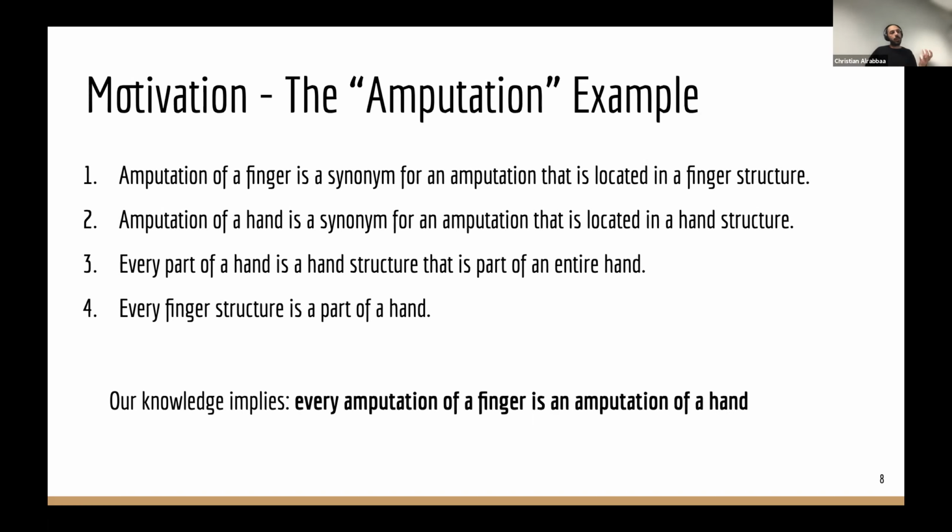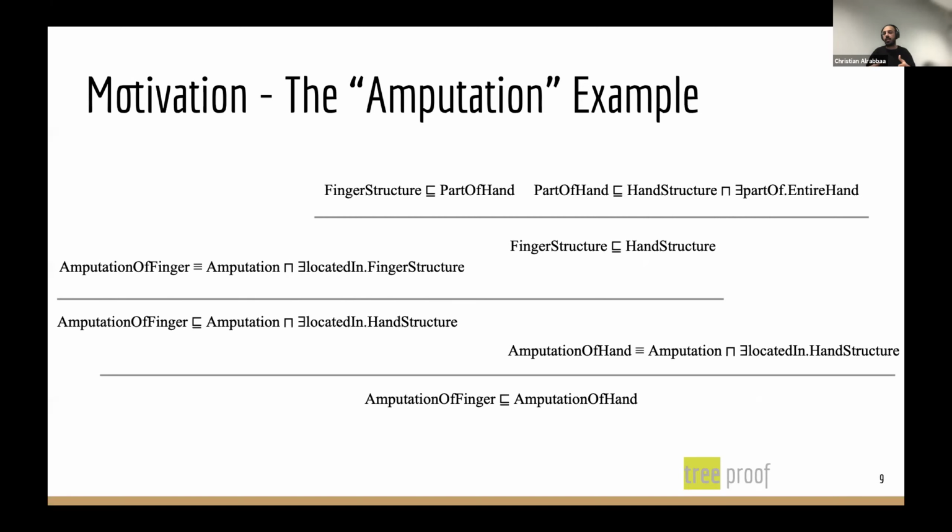Now, the problem here is that it's not straightforward to see how these sentences, these axioms, are interacting with each other to actually come to the conclusion that every amputation of a finger is an amputation of a hand. But on the other hand, the formal proof has this advantage: it can show stepwise how we can get to the final conclusion.